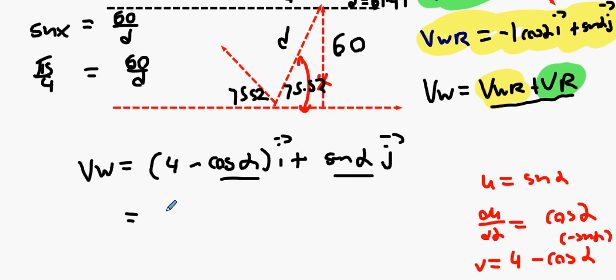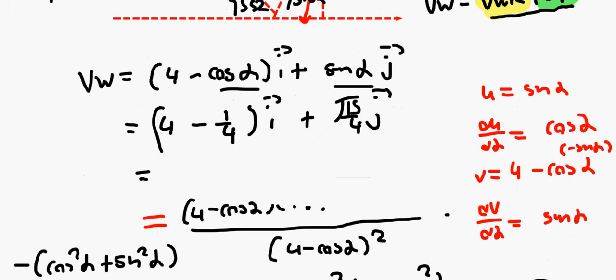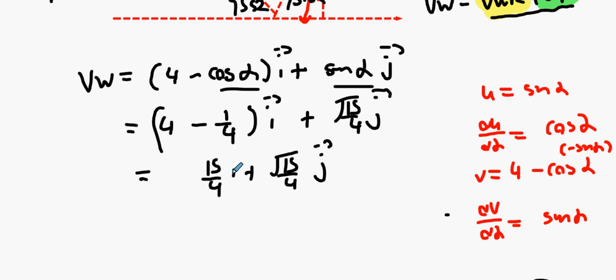So the velocity of the woman is 4 minus cos alpha, which we know is a quarter, isn't it? 4 minus a quarter i, and then sine alpha is root 15 over 4 j. Okay. So put all that in then, and what do we get? 15 over 4 plus... So what I'm claiming is that the woman does get pulled downstream, right?